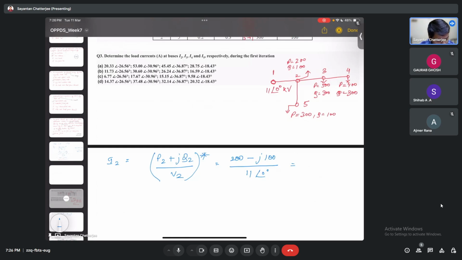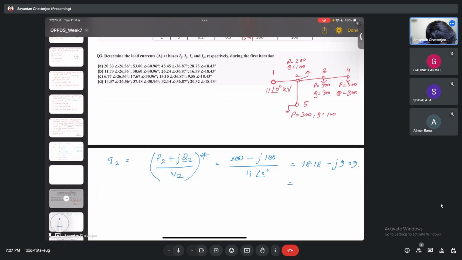So just calculate, it's coming to 18.18 minus 100 by 11, 9.09 j. Now this is in rectangular form, the answer is given in polar.